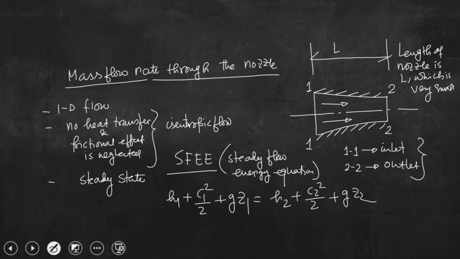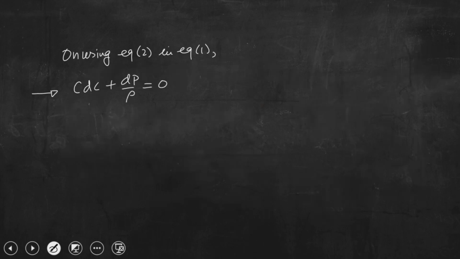So, we shall proceed from this equation, that is integral 1 to 2 CdC plus integral 1 to 2 dP by rho equal to 0.